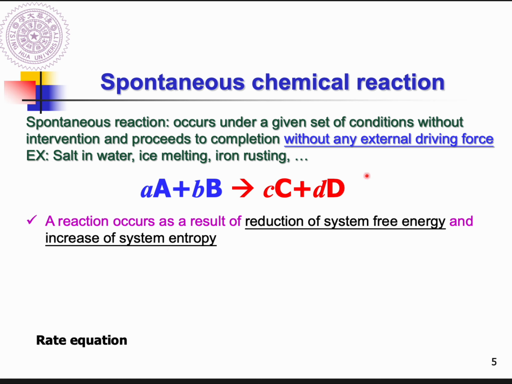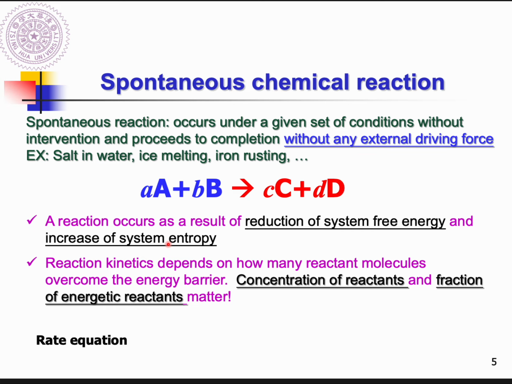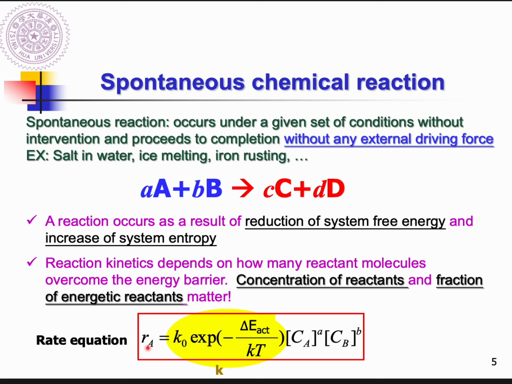Regarding these chemical reactions, the rate equation is what we care about in the kinetics process, right? The rate equation can be expressed such that the consumption rate of reactant A equals the rate constant times the concentration dependence. Inside the rate constant, we have the energy barrier of the chemical reaction and also the temperature term.